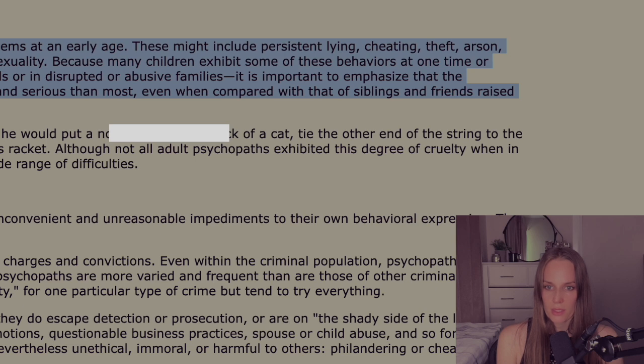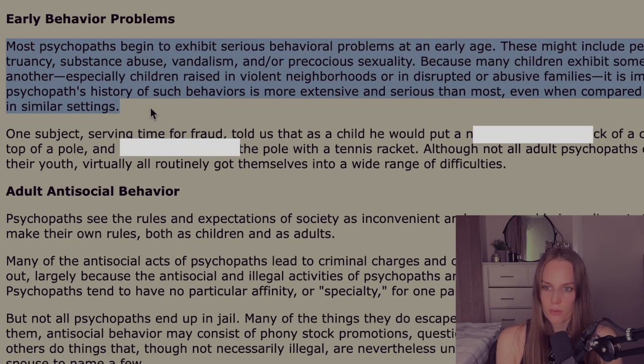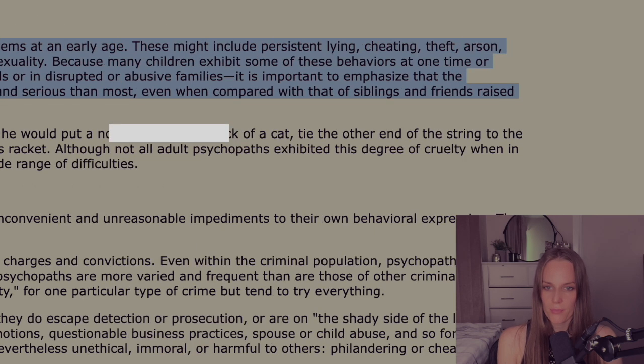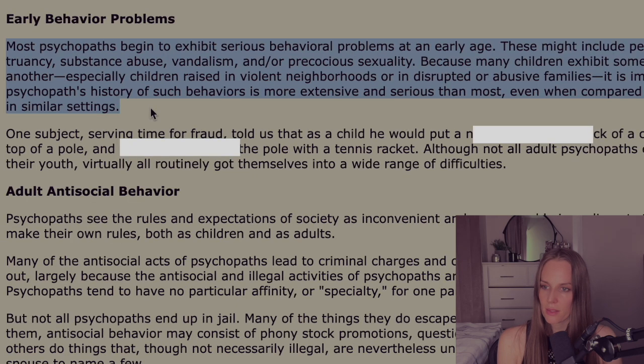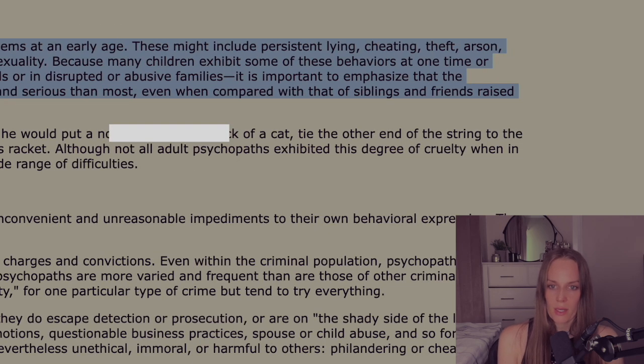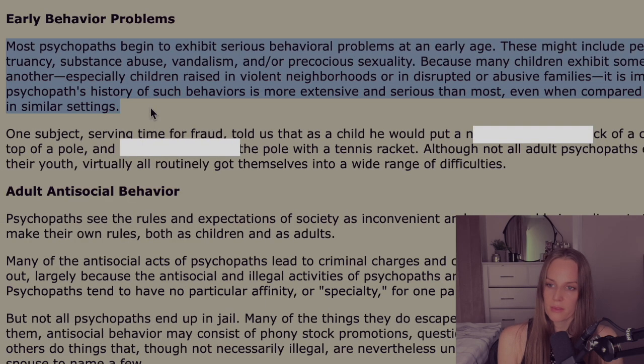Because many children exhibit some of these behaviors at one time or another, especially children raised in violent neighborhoods or in disrupted or abusive families, it is important to emphasize that the psychopath's history of such behaviors is more extensive and serious than most, even when compared with that of siblings and friends raised in similar settings. That's a good note right there.